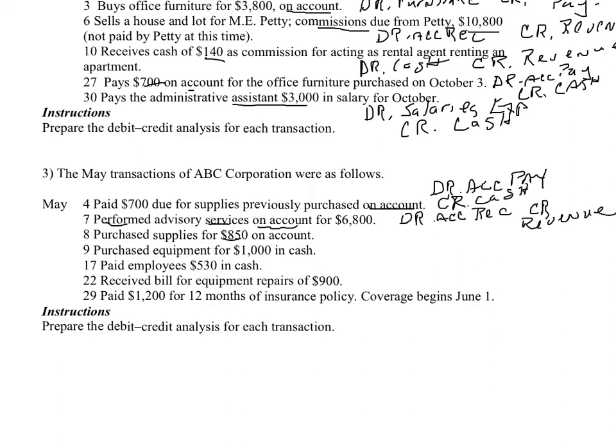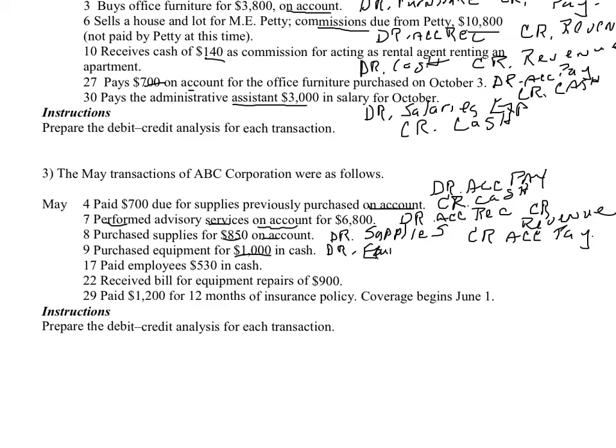I purchase supplies on account. My supplies goes up, debit supplies. Beginning to see how these transactions repeat themselves. And my liabilities go up, credit, accounts payable. Purchased equipment for $1,000 in cash. Equipment goes up, debit equipment.